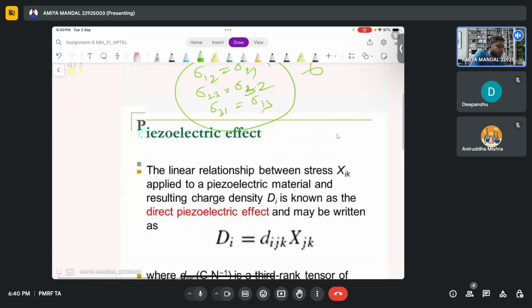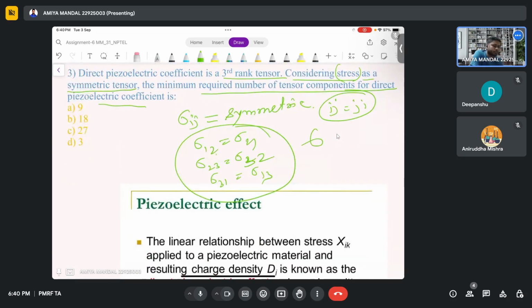What should be the minimum number of components in a third rank tensor? Sigma stress is symmetric.